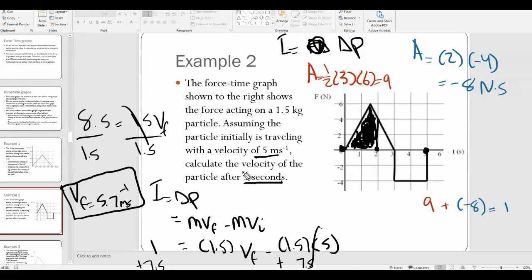In this case, we are asked 5 seconds, which is basically the entire graph, but that's not always going to be the case. So that is how you solve problems using force time graphs, and that's generally how you solve problems involving impulse where the force is not constant.